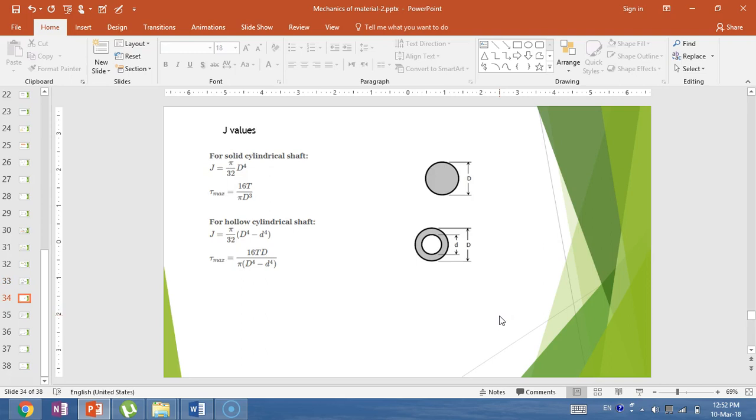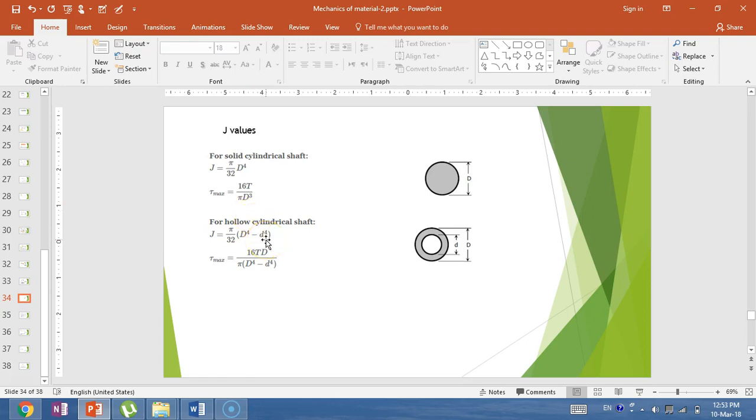What about the values of the polar moment of inertia? If you have a solid cylindrical shaft of diameter d, then the polar moment of inertia will be equal to pi over 32 multiplied by the diameter to the power of 4, and the tau maximum in this case will be equal to 16 multiplied by the torsion value over pi d cubed.